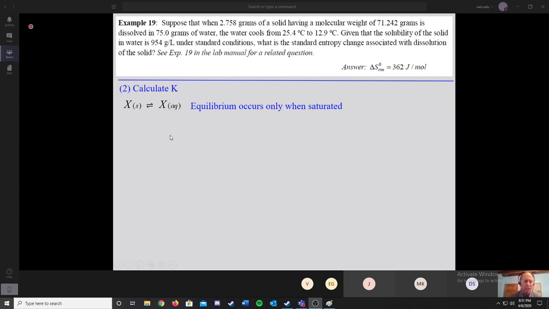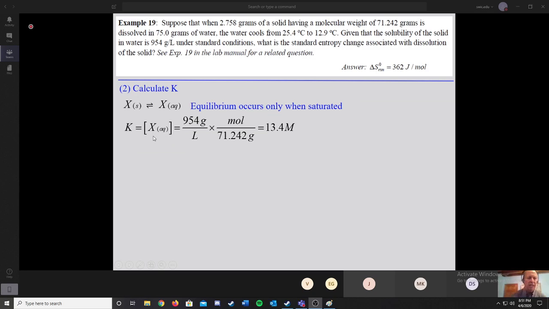We can't just put a little bit in there and calculate a K because there has to be solid present. So we have to basically keep putting X into this solution until it won't dissolve anymore. And at that point, we'd have solid in equilibrium with the aqueous state.